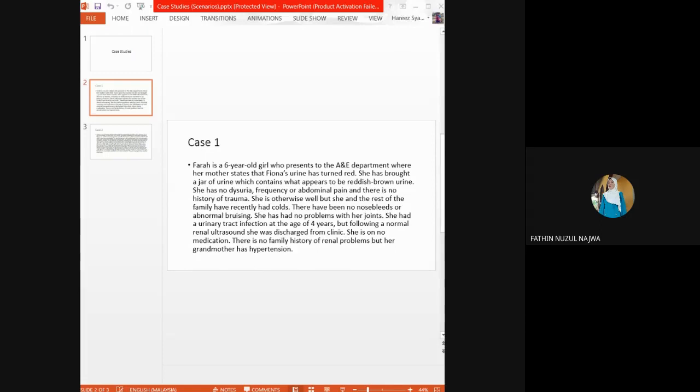Because the whole family has recently had colds, I would like to know if they have been anywhere, either inside Malaysia or outside Malaysia, so that we can know what is endemic in the area and figure out what causes the cold. Aside from that, I would like to know about other glomerulonephritis symptoms, such as facial puffiness or lower leg swelling. What more?